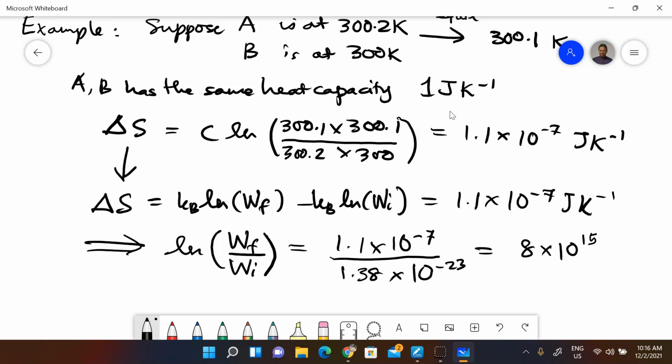And remember that it's a log. So if you take the exponential to get rid of the log, the ratio of the number of states in the equilibrium state over the number of accessible states at the initial configuration is the exponential of this number. And that's enormous.